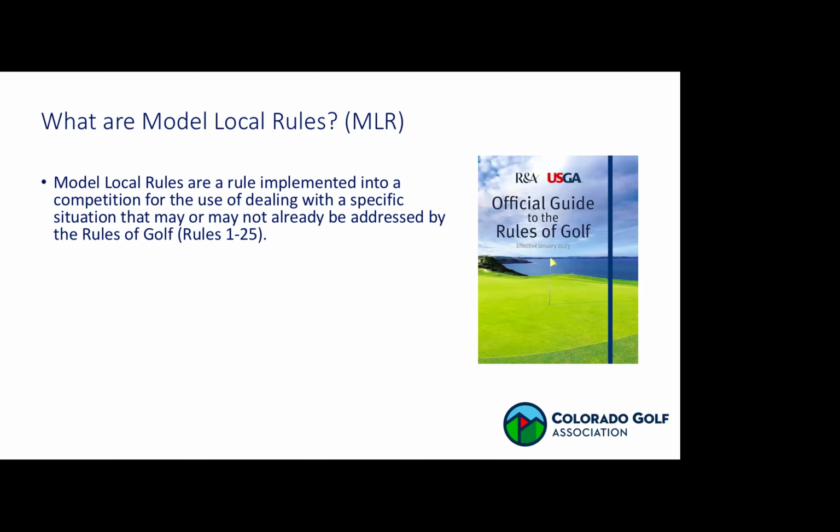They might be dealing with a situation that rules 1 through 25 don't already address by themselves, but they might be just supplementing a situation that is in the playing rules. And we might just need to twist it and tweak it just a little bit to fit our specific situation. So all they really are is tailoring the rule to our needs or the competition's needs or the league's needs, or addressing that specific situation.